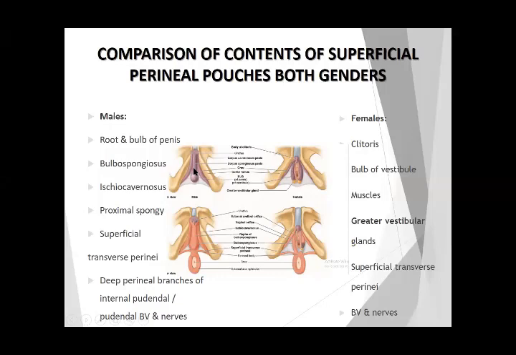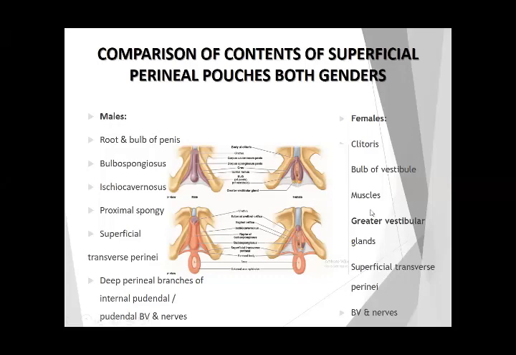The two muscles are the same, bulbospongiosus and ischiocavernosus. The urethra is here, the spongy urethra over here. In the females, you have this proximal part of the urethra.